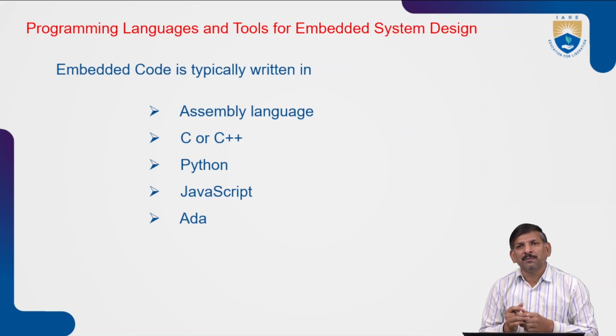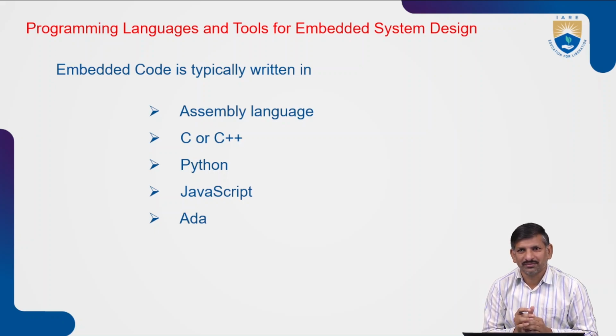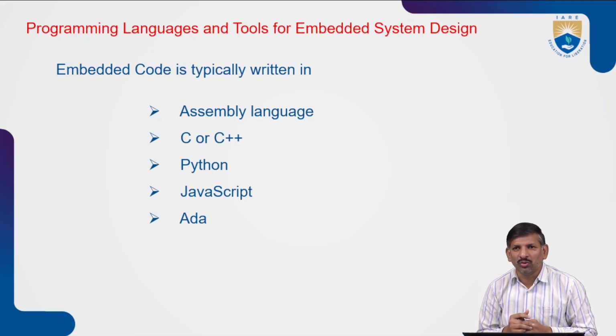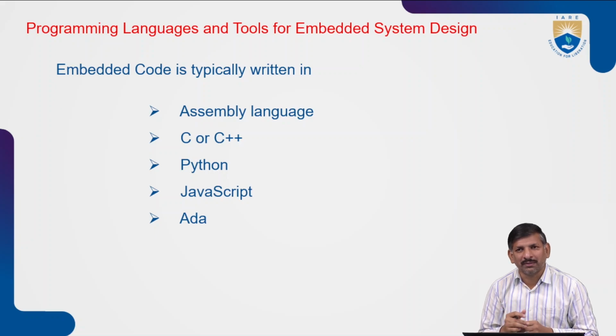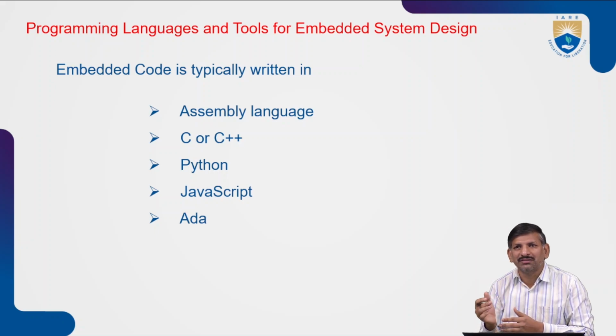First, based on the application, we decide which processing element provides the maximum speed at a reasonable cost. Based on the processing element, the manufacturer itself provides the corresponding IDE tools, assemblers, or compilers. Based on the tools we are using, we need to learn the corresponding languages.